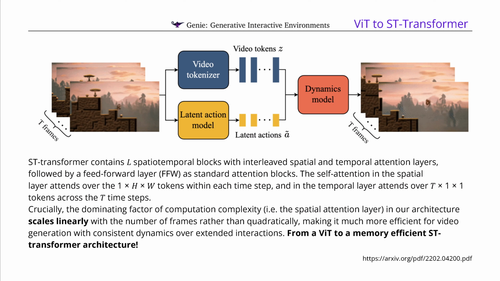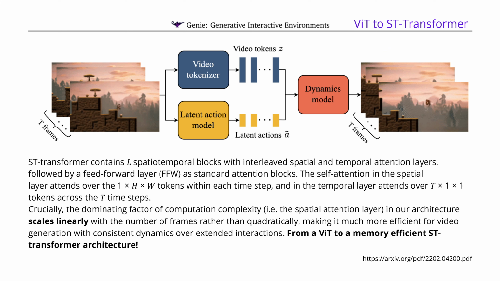At first, being simple, we make a further simplification. We do not go for the complete full-fledged power of a vision transformer. We do a little bit of a simplification. We use an ST transformer. Why?